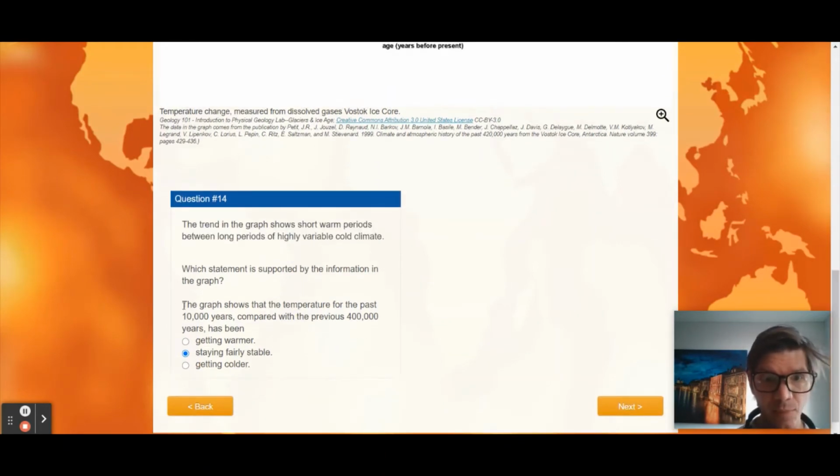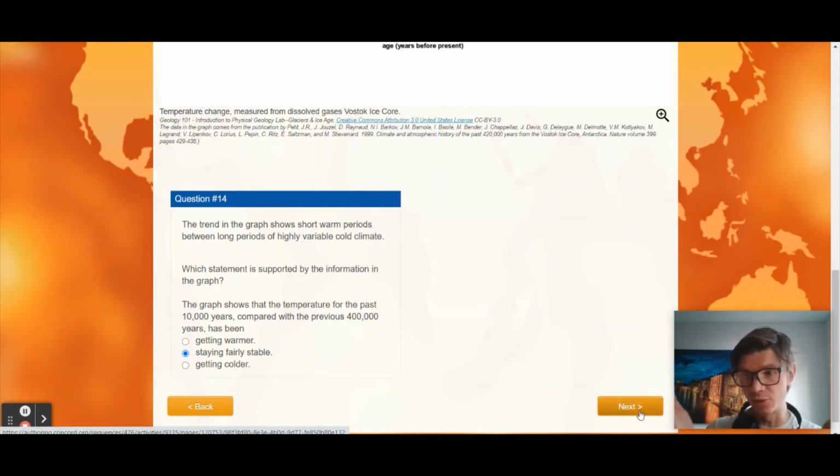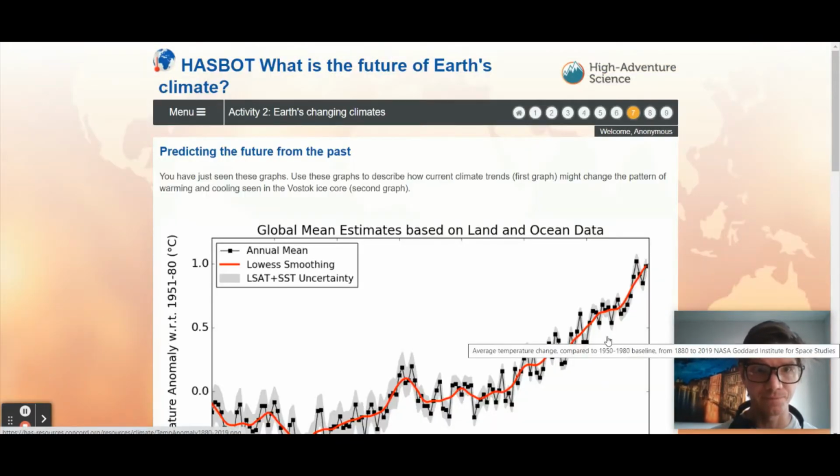And that's just looking at the past 10,000 years. Previously in this interactive, we've really only been looking at climate data for the past about 150 years. So just keep that in mind when comparing these two different pieces of data that we have. Let's take a look at what we have next.